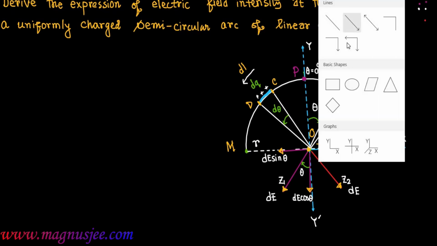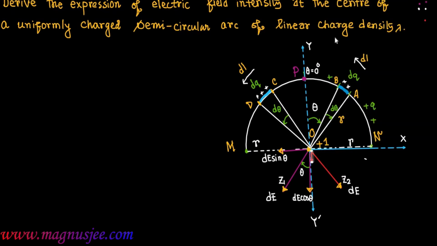If angle POC is theta, in that case angle y prime O Z2 is also theta, that is vertically opposite angle.